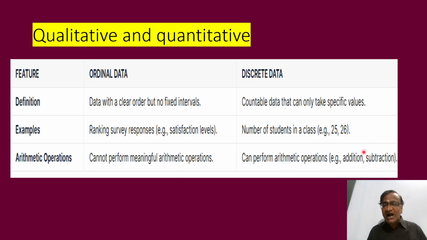So we can do addition and subtraction in this discrete data. This is qualitative, this is quantitative. Sometimes we'll be confused. This is also 1, 2, 3, ASA status. This is also 1, 2, 3. So this is ranking, that is number of status. Understand? There we can perform arithmetic operations, addition, subtraction.